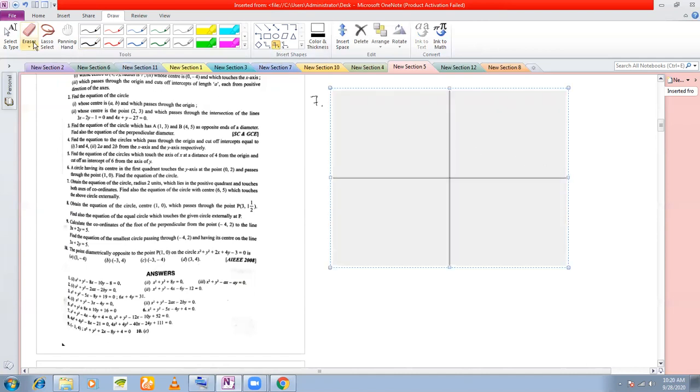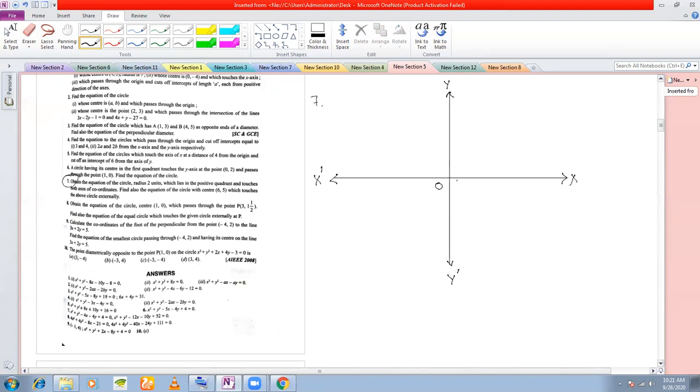The circle is in the first quadrant, so it will have positive intercepts. How does the circle look like? It touches both the axes and it is in the first quadrant.